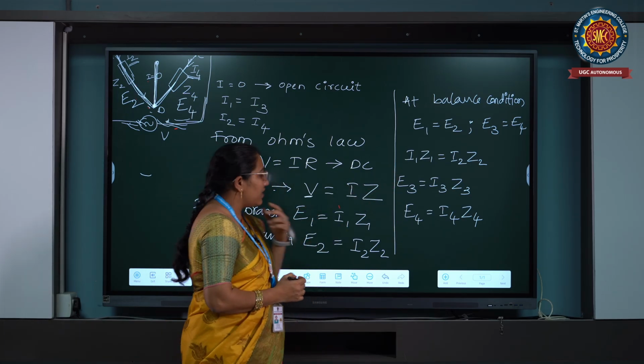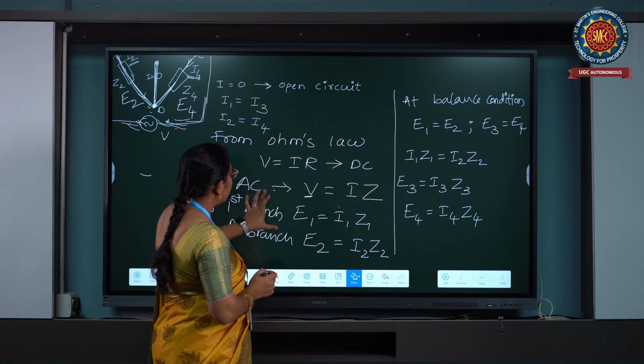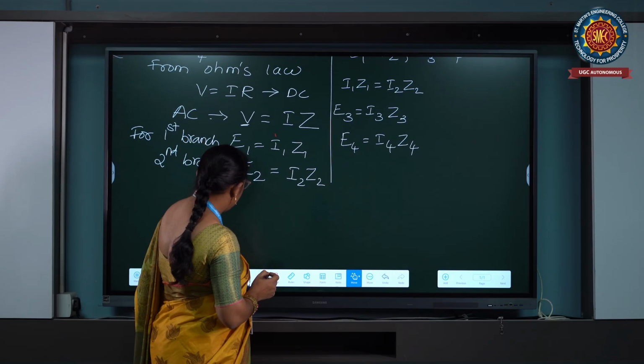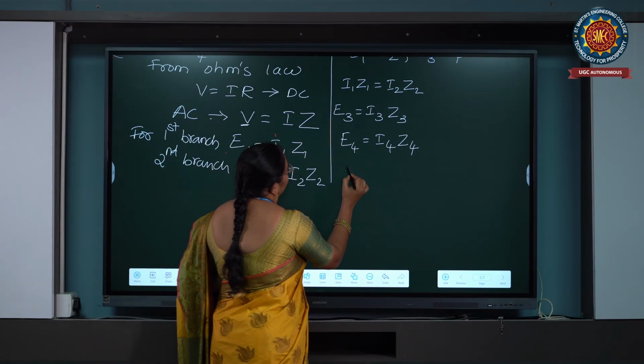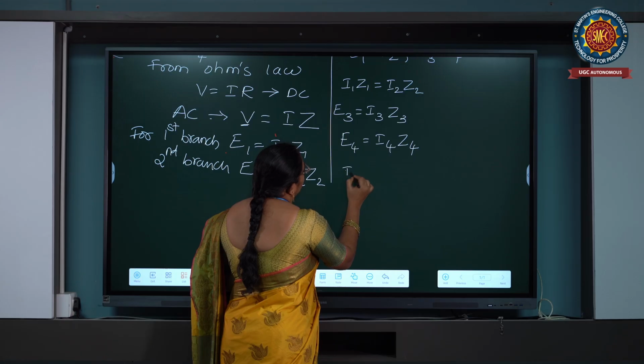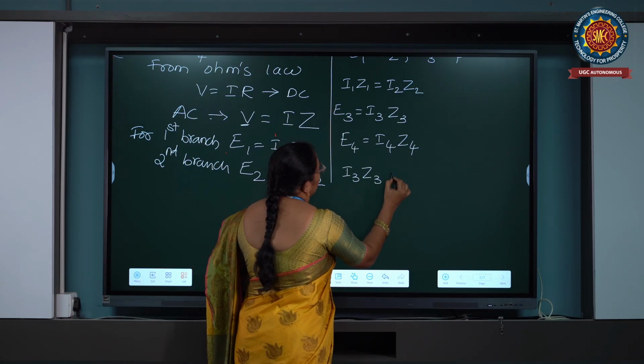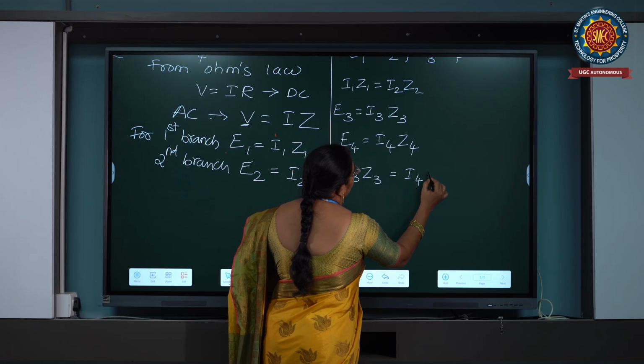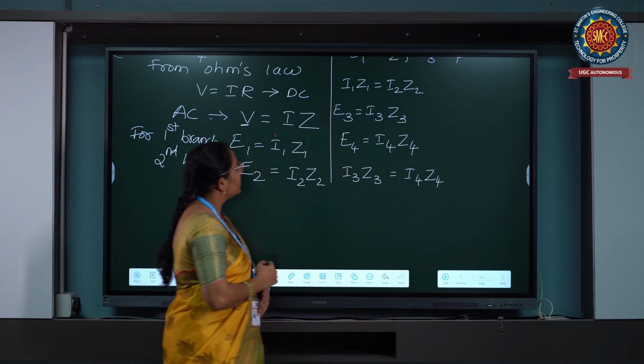From these two equations, we can write that I3 Z3 is equals to I4 Z4.